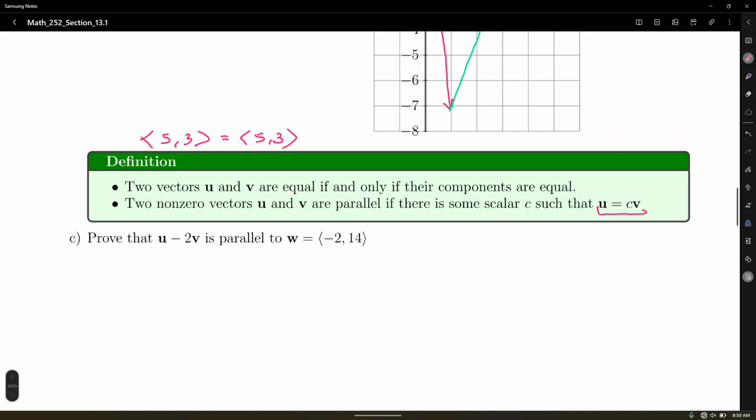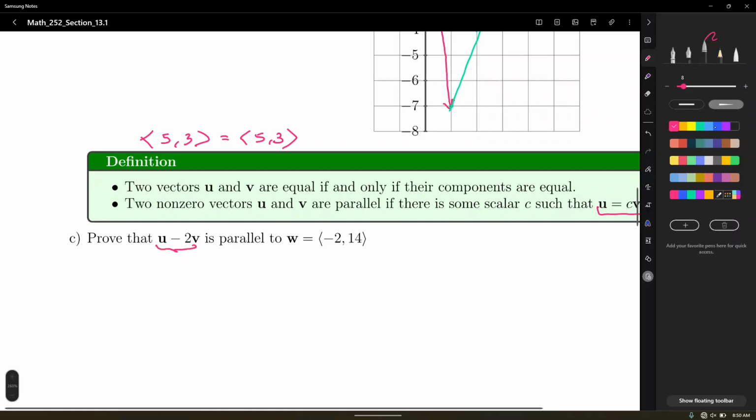Well, number one, what did we get here? We got 1, negative 7. And this is vector w equals negative 2, 14. Comparing these two vectors, did you notice anything interesting in common?